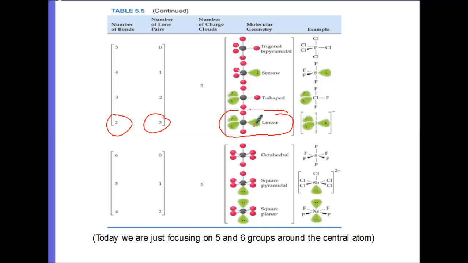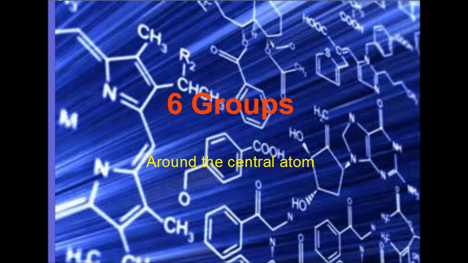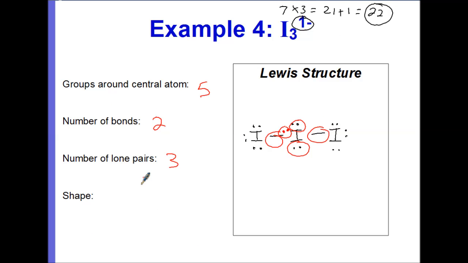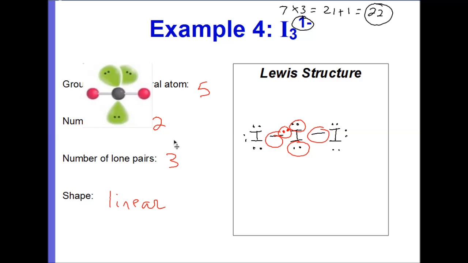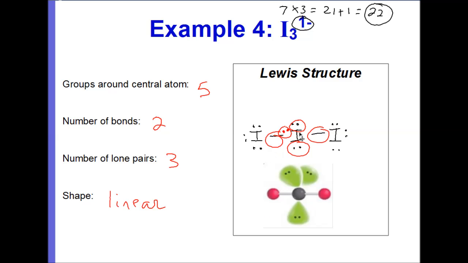Notice that everything is in a line with the 3 lone pairs around the central atom. Let's write down linear and look at the picture. It should look very similar to my Lewis structure, except this is a 3-dimensional representation.